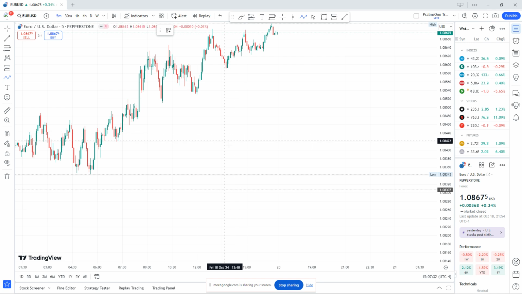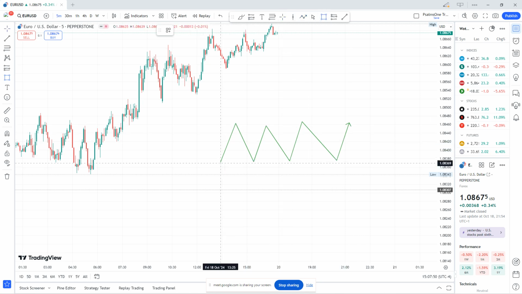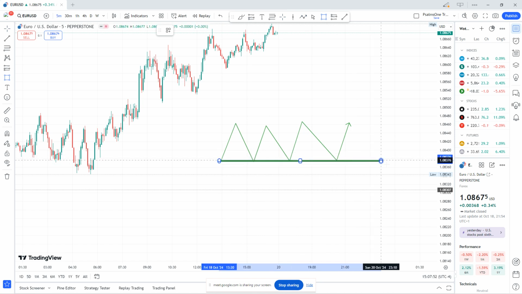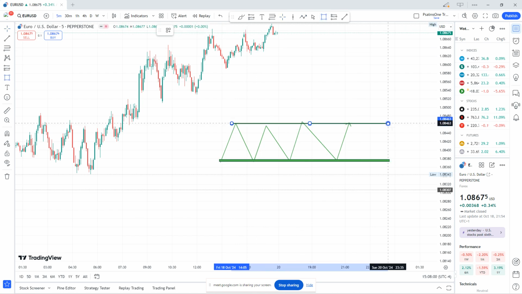That is, it will range between two prices: up, down, up, down, between two prices. This is the lowest and this is the highest.